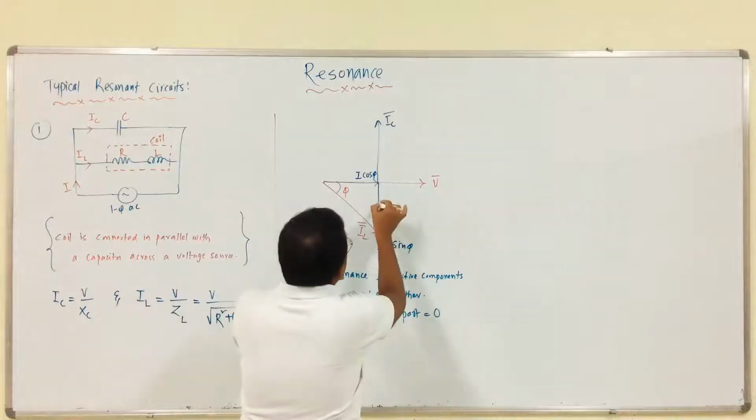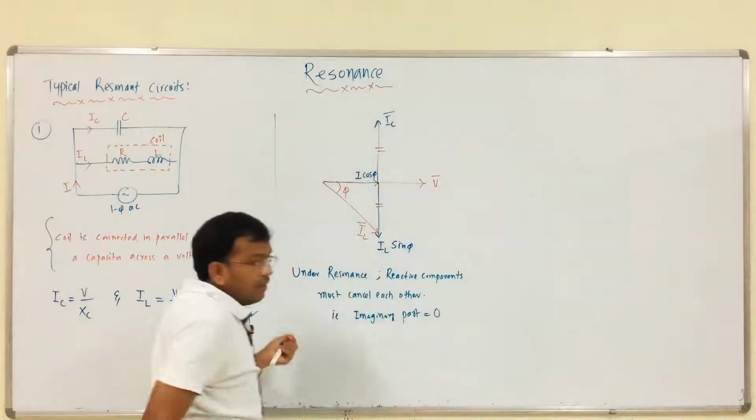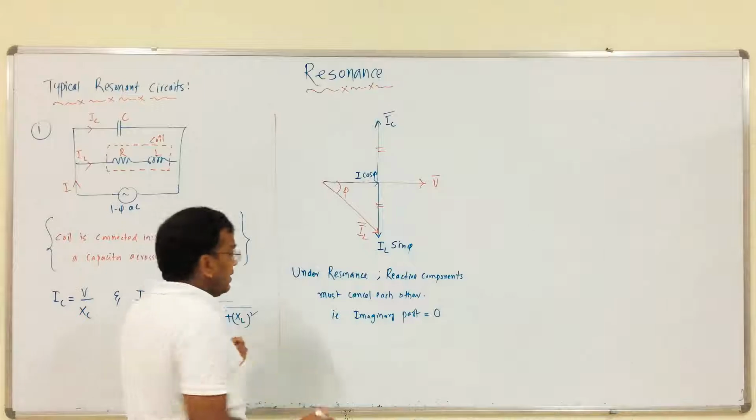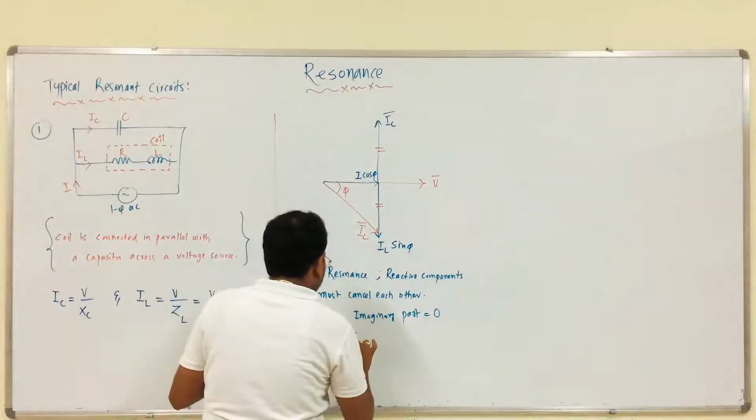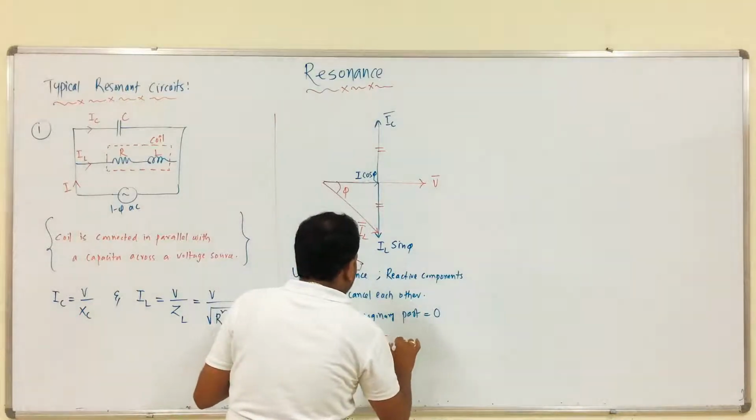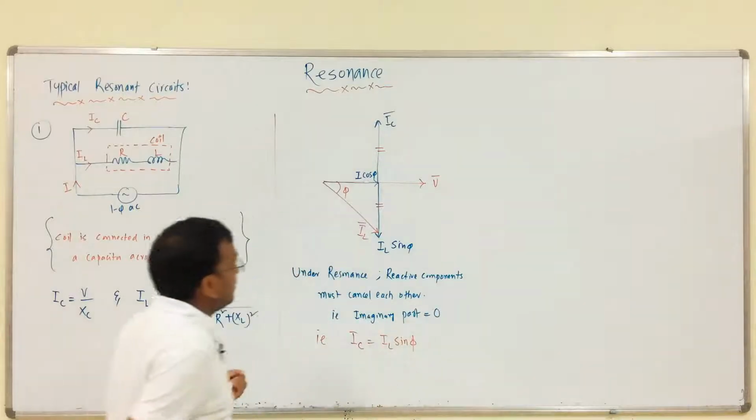That is why these two are equal. Then only we get the resonance condition, right? That is, IC is equal to IL sin phi. That is it.